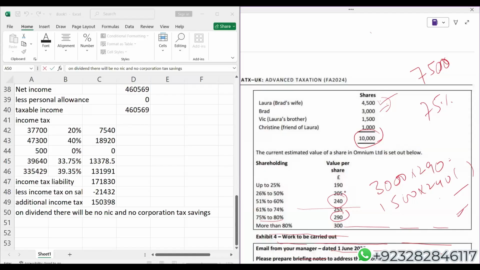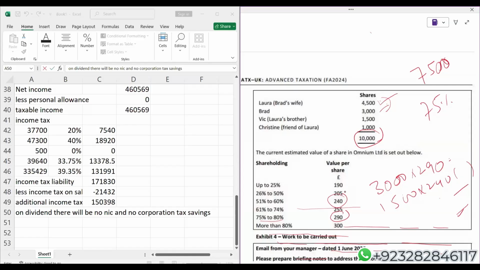In the case of husband and wife, we have to work on the combined holding by applying the related property rule. First, you use the related property rule and calculate the fall in value. Then you recalculate the same thing by ignoring the related property rule.